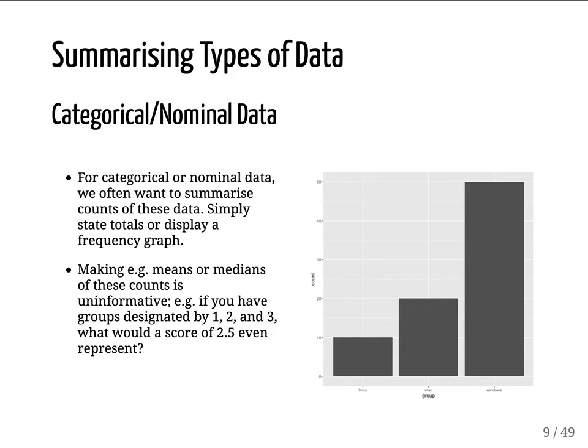It doesn't make sense for me to calculate a mean count because it is just what it is. It's just a count of where people belong by a certain group. So let's say I assigned the numbers 1, 2, and 3 to Linux, Mac, and Windows. If I try and work out an average of these categories, it wouldn't even tell me anything. So what's 2.5 even represent here? When it comes to categorical or nominal data, just report what the counts are.